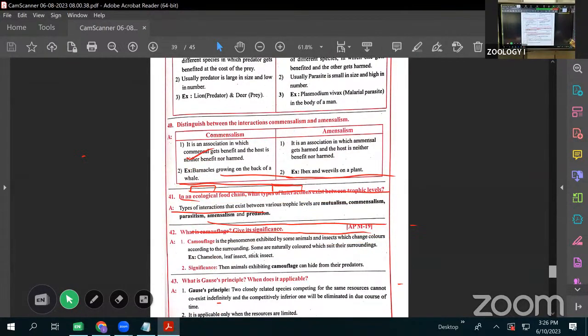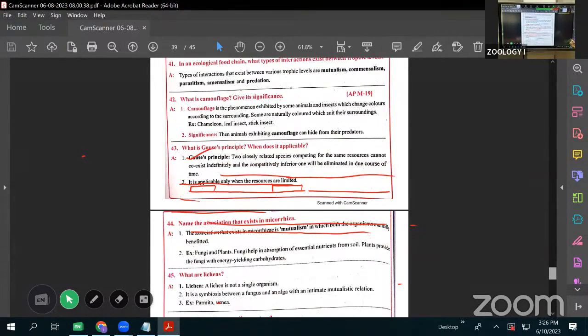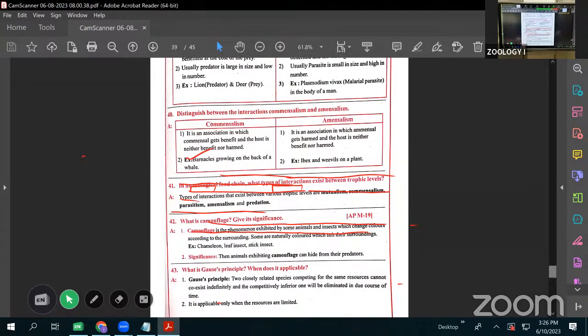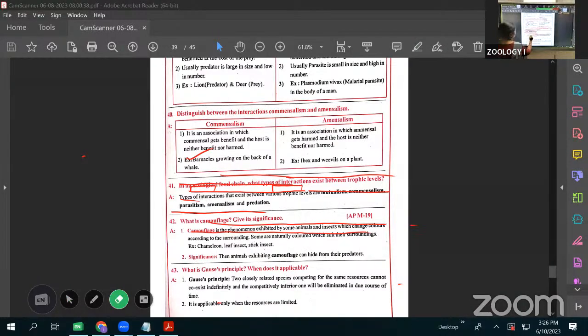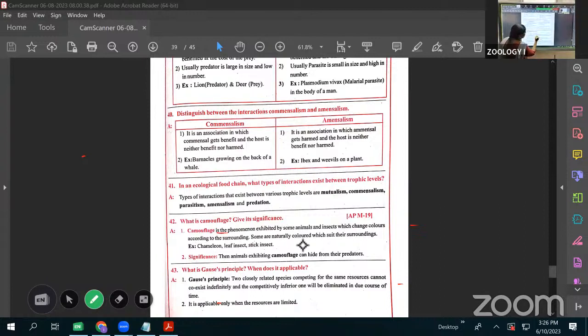This one is important, camouflage. Camouflage is the phenomenon exhibited by some animals and insects which change their colors according to the surroundings.